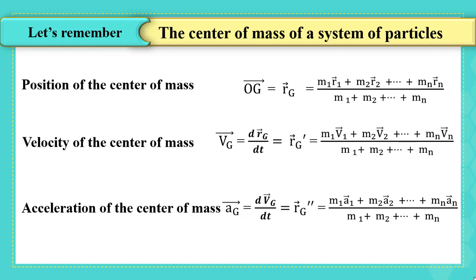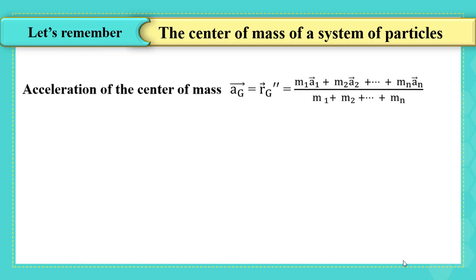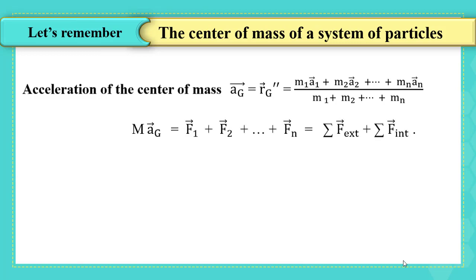over the total mass. Multiplying the sum of m1 plus m2 plus m3 with a vector gives for each m a the sum of a force according to Newton's second law on each particle. So m a g vector equals f1 vector plus f2 vector plus etc., which is the sum of f external plus f internal inside the system.